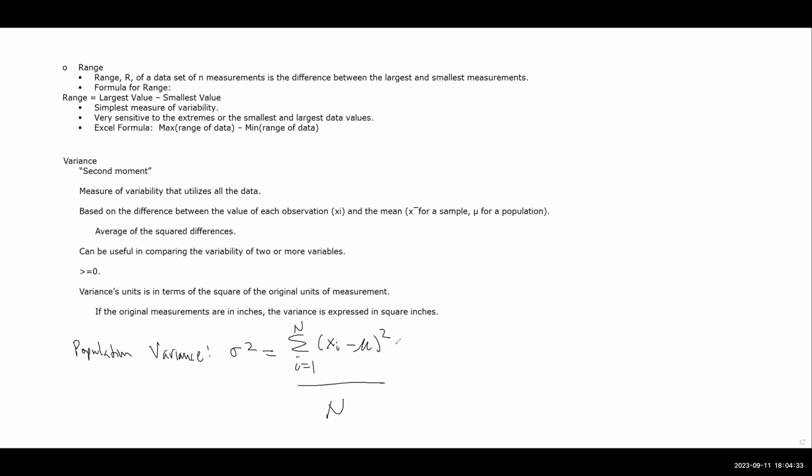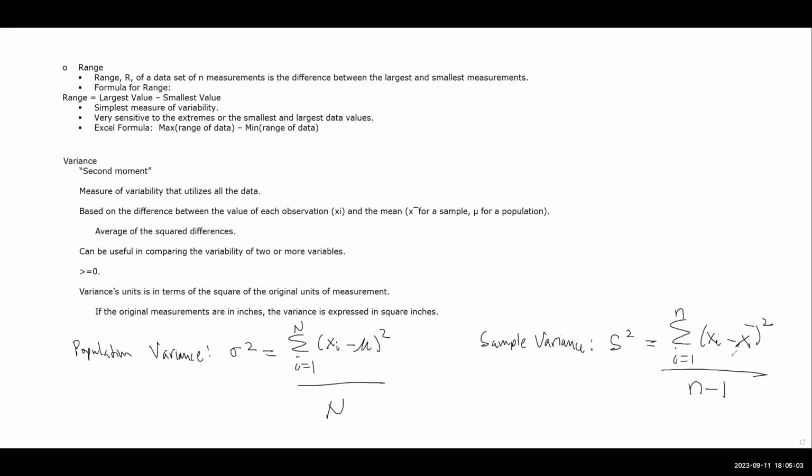For the sample variance, this is s squared, and this is equal to the sum, i equals 1 to little n, of xi minus x bar, squared. You sum them all and divide by n minus 1.